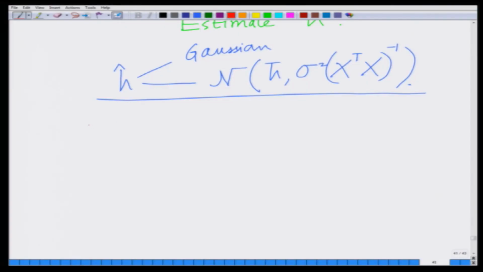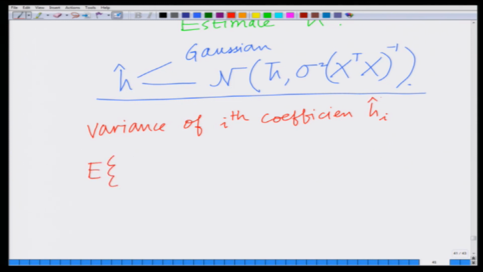That is, the variance of the estimate of the ith coefficient, expected value of (h hat i minus h i) square, is the ith diagonal element of the covariance matrix sigma square x transpose x inverse.